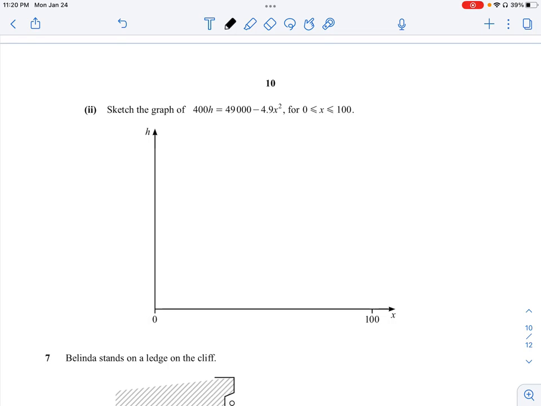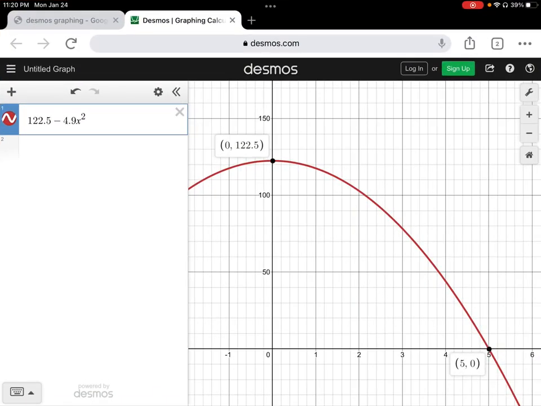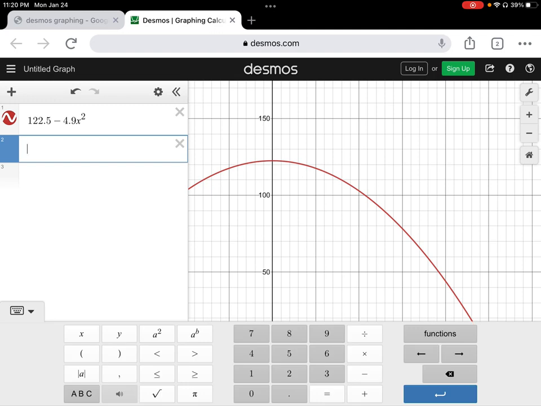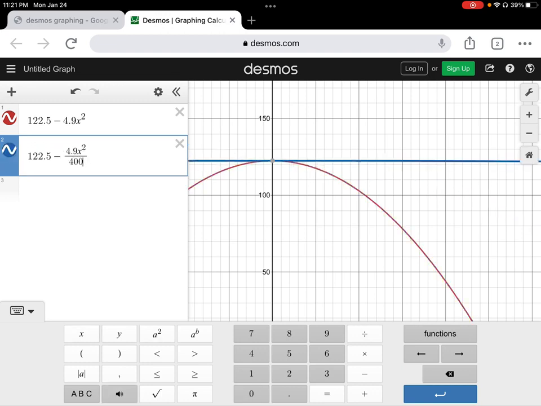Sketch the graph. Now go back to the graphing calculator or GDC and sketch this graph. Which is 122.5 minus 4.9 x square divided by 400. So I draw this graph.